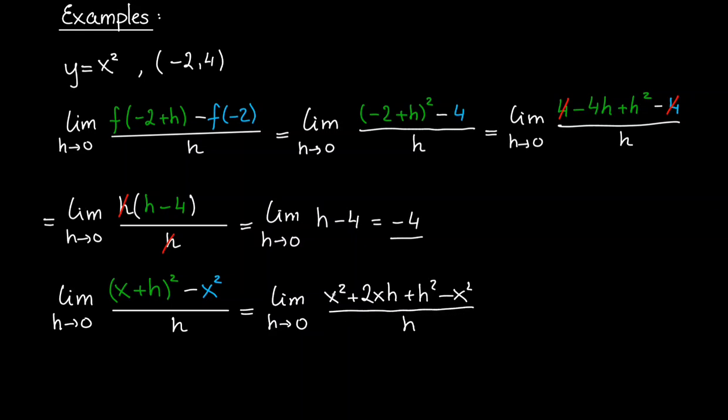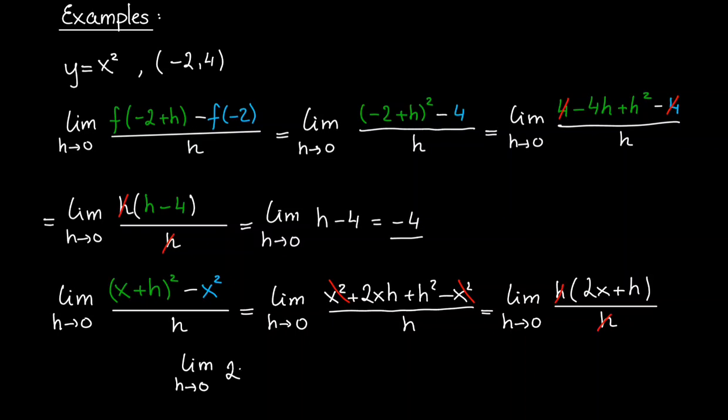And you can see our x squares cancel out, and we can factor out an h. Once again, the upper and the lower h cancel out, and all we're doing is simply taking the limit as h approaches 0 of the function 2x plus h. And that would simply be equal to 2x.